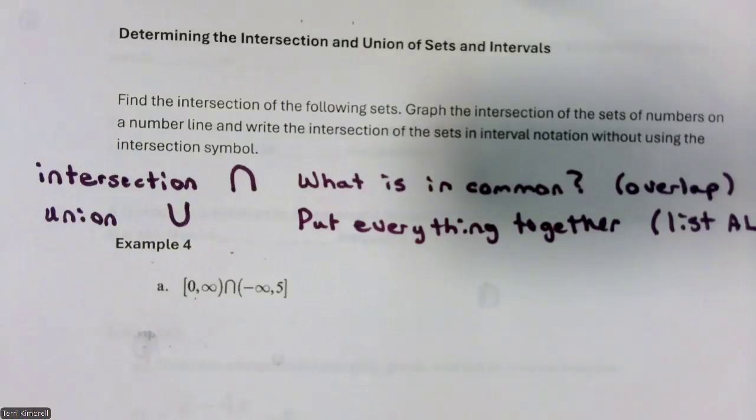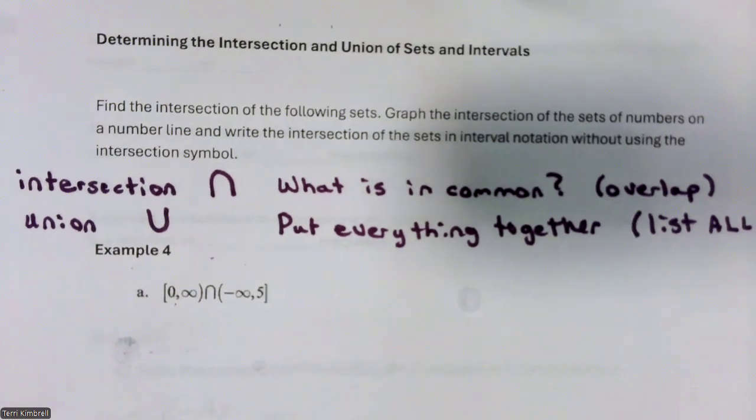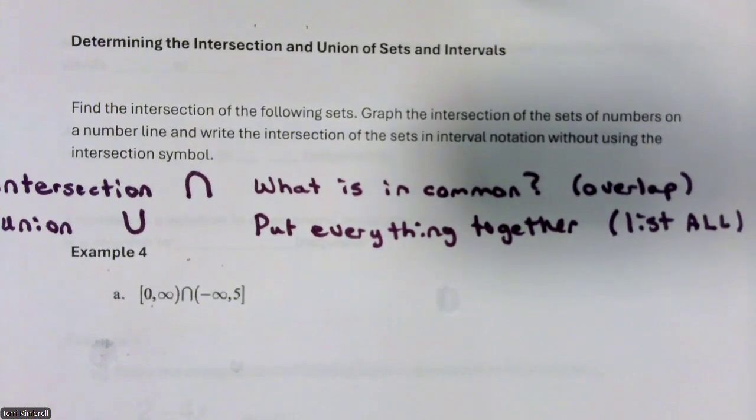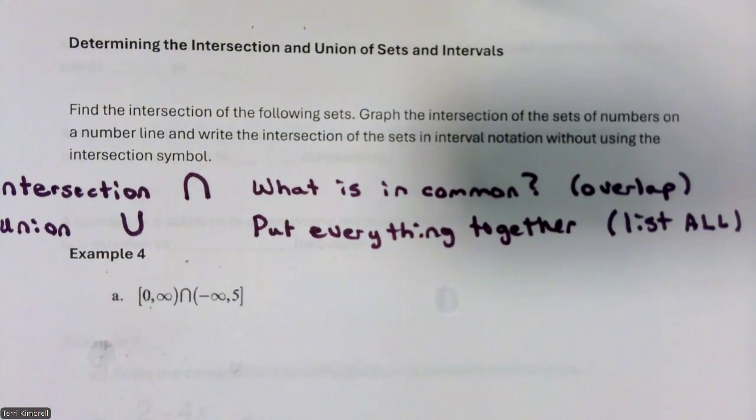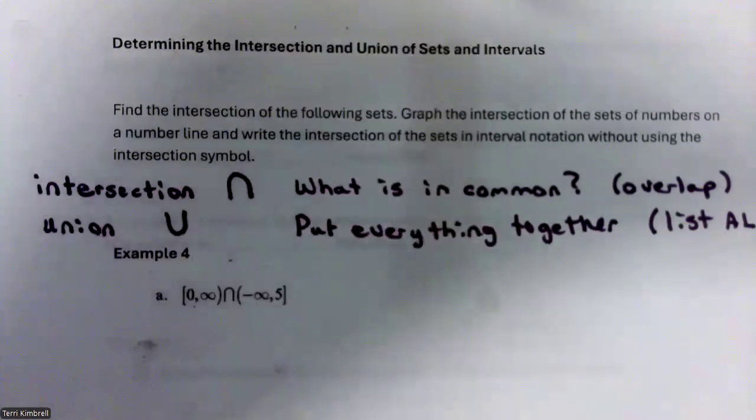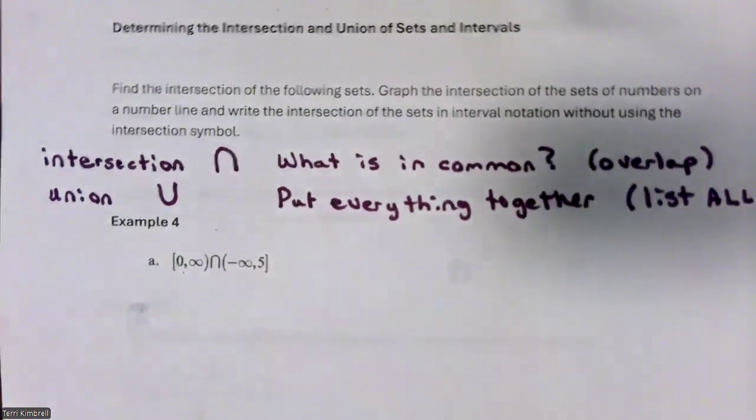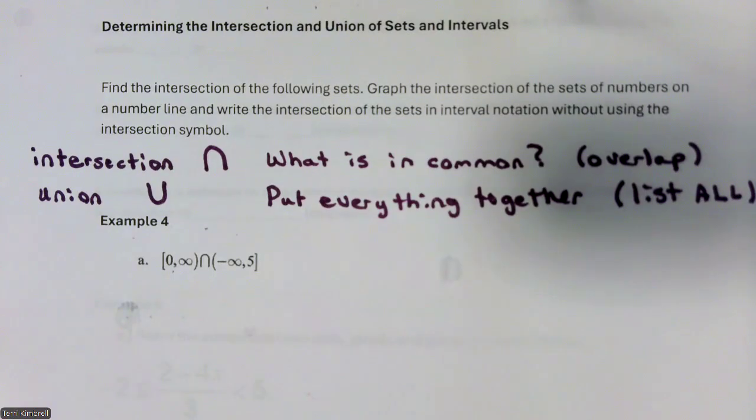Now we might be getting to something that's a little different. Maybe we haven't seen this before, but it's not going to be too difficult, okay? The main thing is you need to understand these words, and I would write this down for help, okay? So you're going to see some symbols. One of them is going to look like this, an upside down U. And what that means is an intersection.